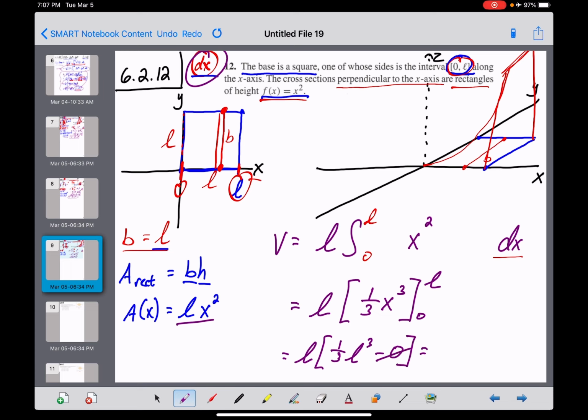So that 0 does nothing for us, and the L times 1/3 L cubed is going to be 1/3 L to the 4th power. Cubic units, because it's a volume problem, and that's as much as you can do here, guys, and that's our answer to number 12, 1/3 L to the 4th.